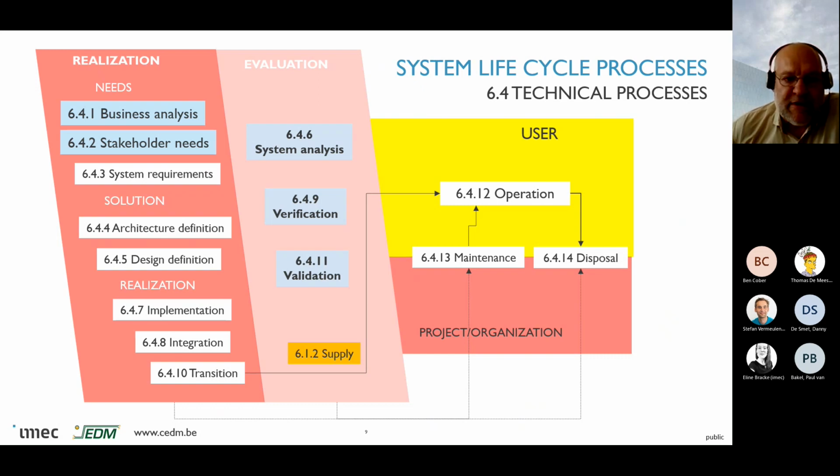And actually, these are processes that are being used throughout the complete life cycle of the product, and thus also by all the other technical processes to support their activities and realize their outcomes.